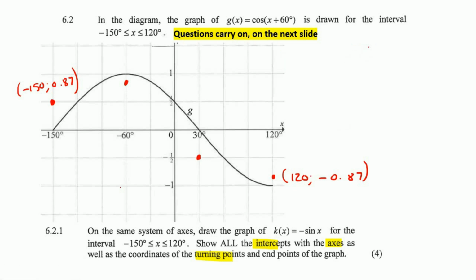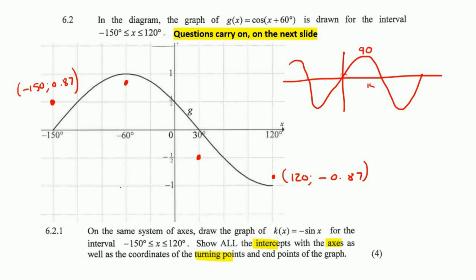Here's where you've got to understand your graphs fairly well. So we know that this is a sin graph. Now a normal sin graph just looks like that, right? Where this would be 90, 180, 270, 360. But then the minus, all that does is flip the graph upside down.